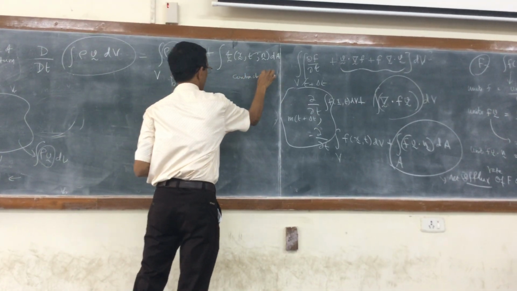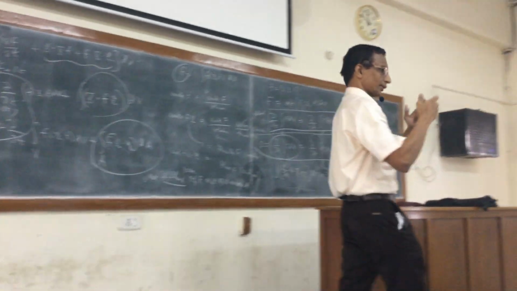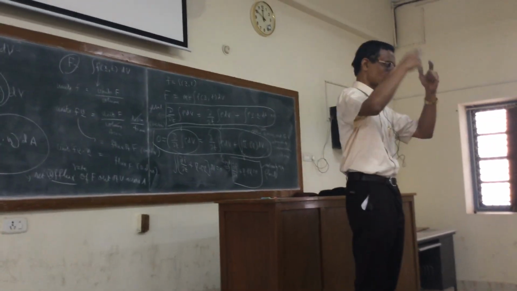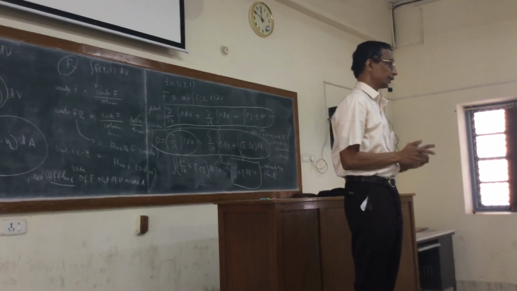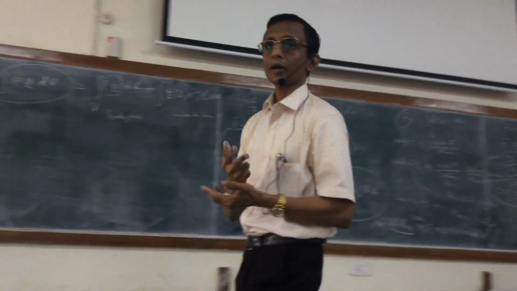I prefer the word contact force, because surface force suggests that it's acting on the surface. It's actually not just acting on the surface of the body, it's acting on the body as a whole. It's not really in that sense a surface force, but it is transmitted across the surface.